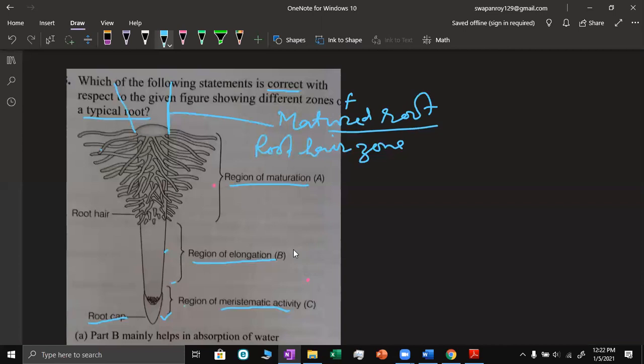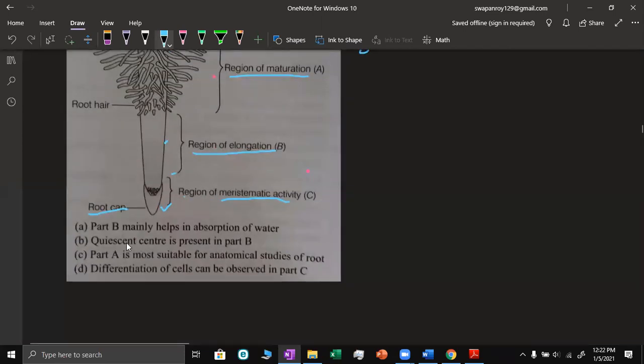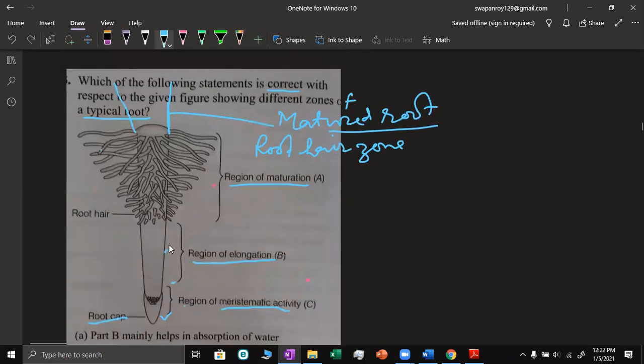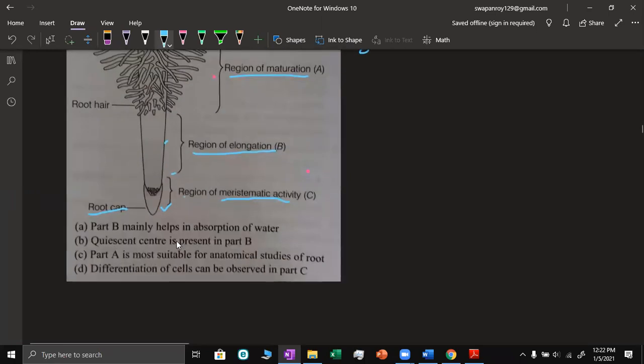Right. So now these are the statements. Part B helps in absorption of water. Quiescent center is present in part B. Part A is most suitable for anatomical studies of the root. Differentiation of the cell can be observed in part C.